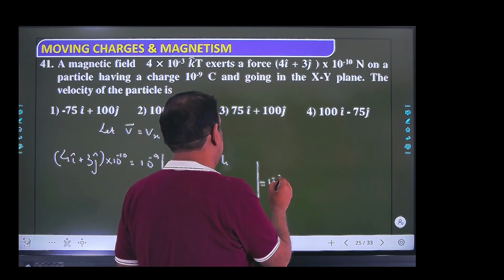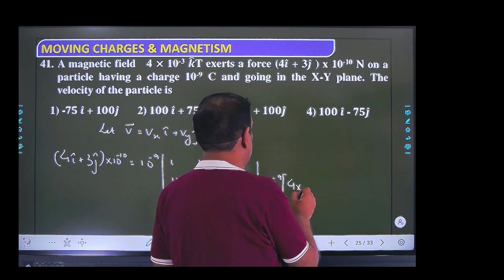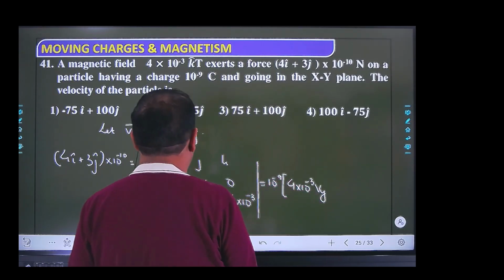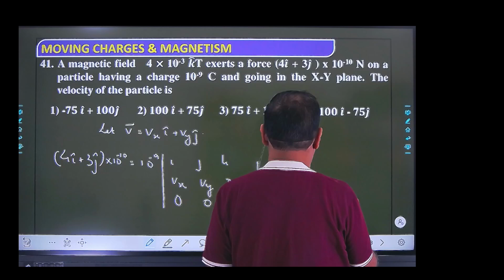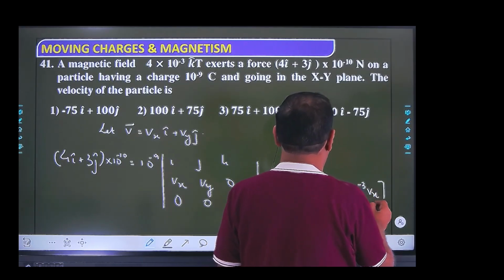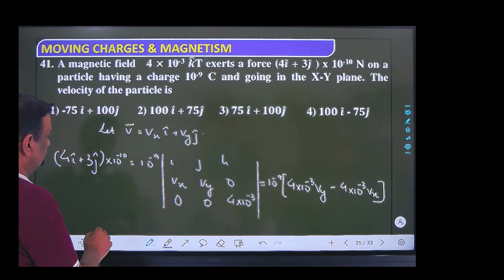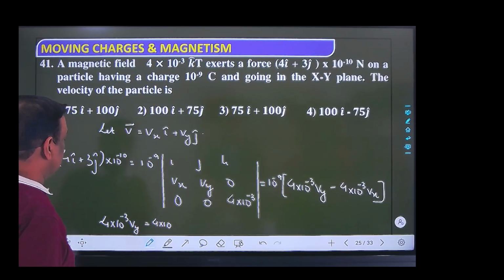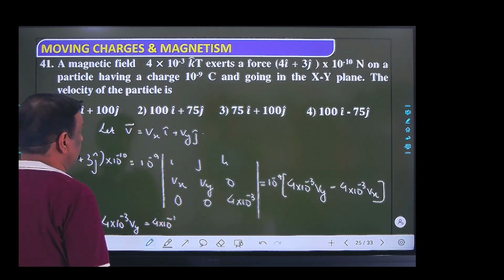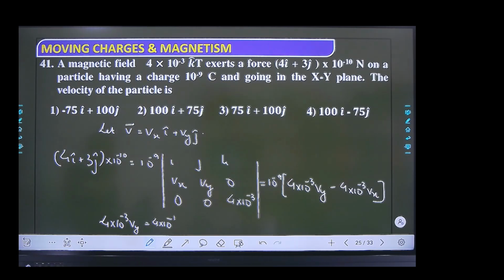X component of force is 10 raised to the minus 9 times, and the j component is, minus 75.